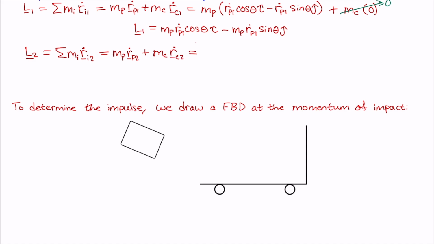So it'll be equal to mp rc dot I plus mc rc dot, also in the I direction, and then our linear momentum L2 is going to be equal to quantity mp plus mc times rc dot, not a vector, just a scalar, in the I direction. So that's our linear momentums.